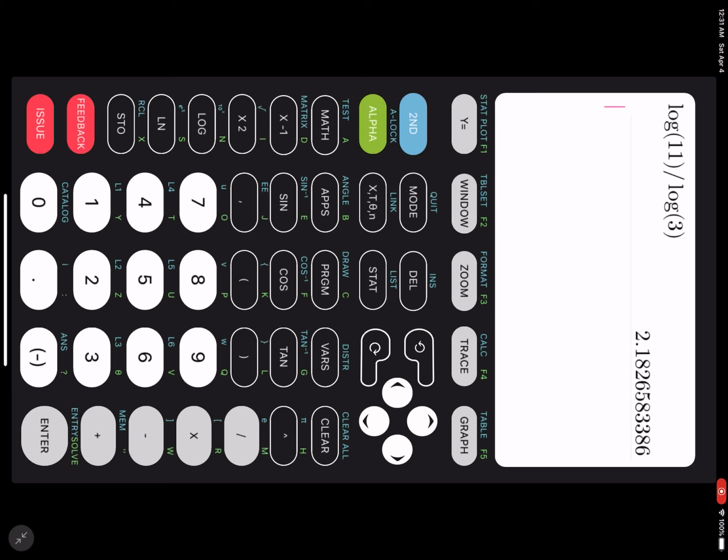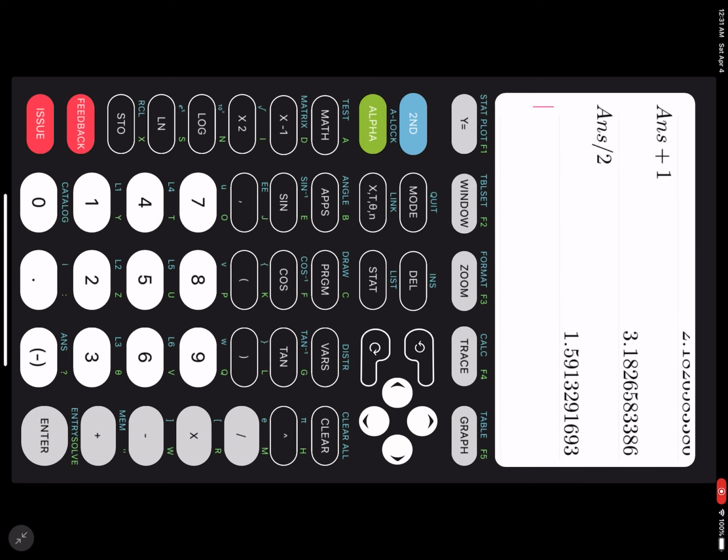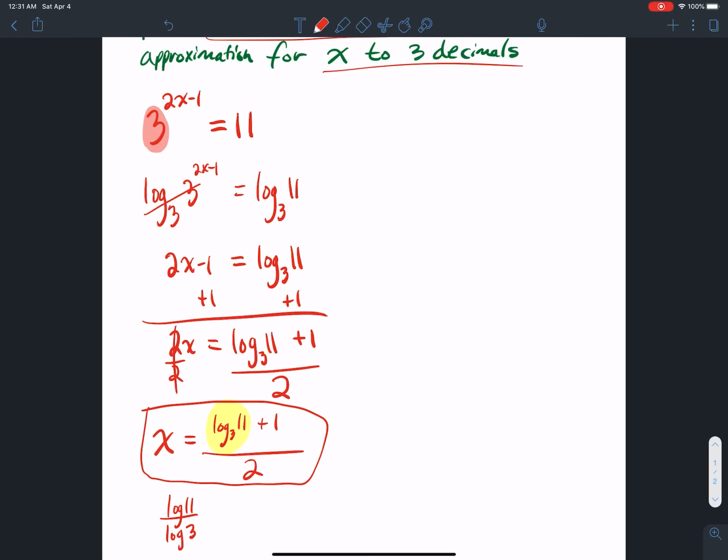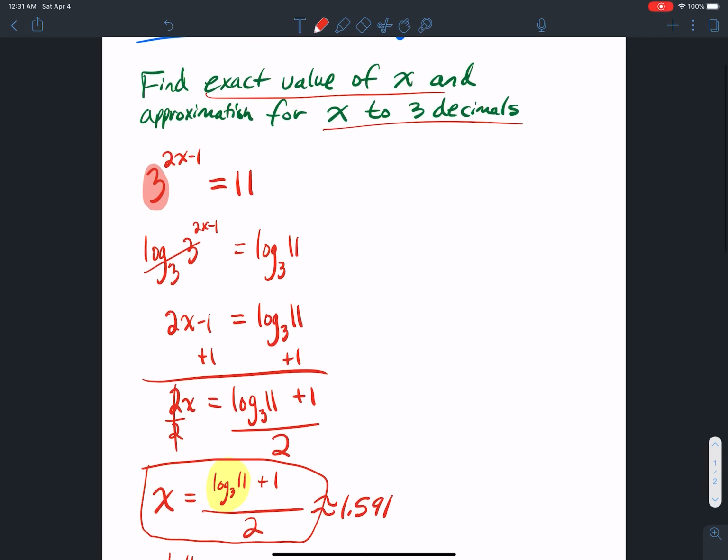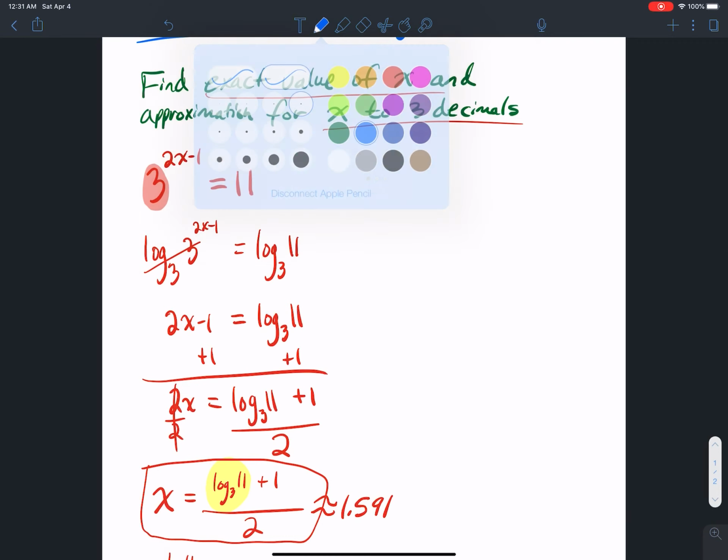And then what was I going to do? I think I add 1 to that, and I divide my answer by 2. So that's 1.591. So this is also 1.591, 3 decimals, okay? Let's try another problem.